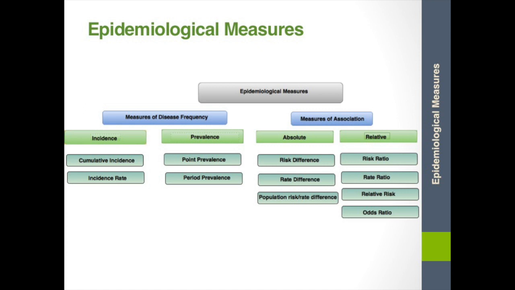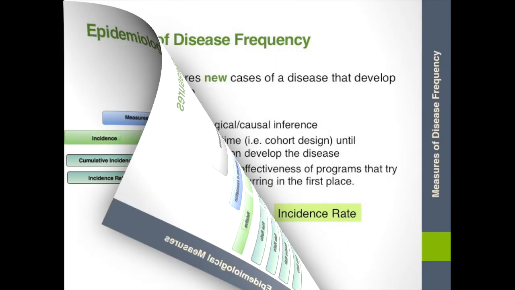Epidemiological measures can be classified into measures of disease frequency and measures of association. Measures of disease frequency include incidence and prevalence, and measures of association can be divided into absolute and relative measures.